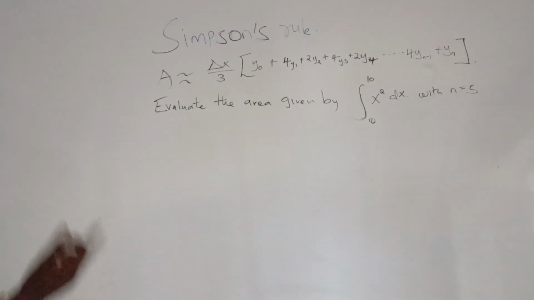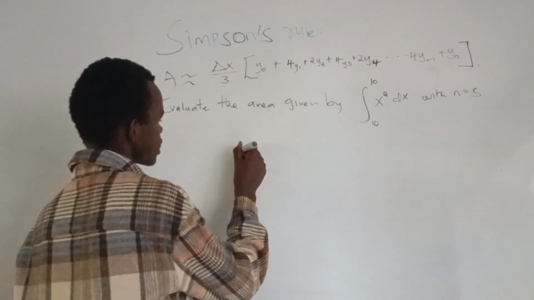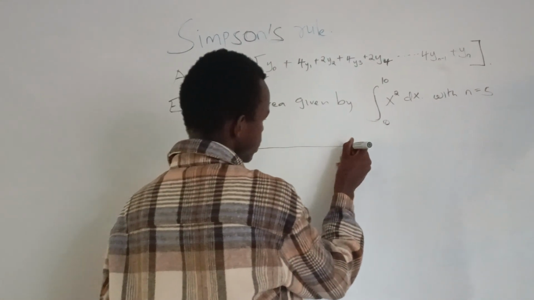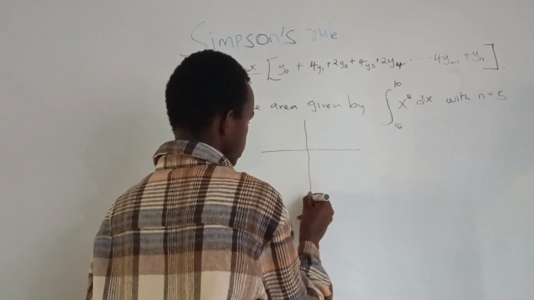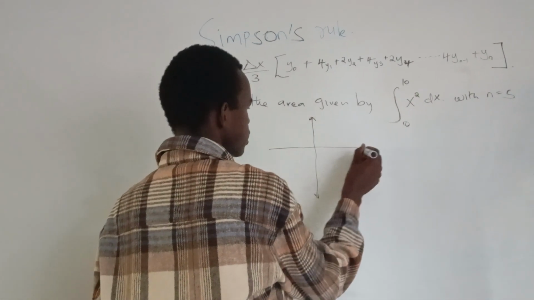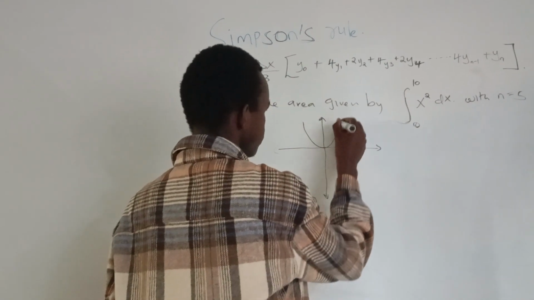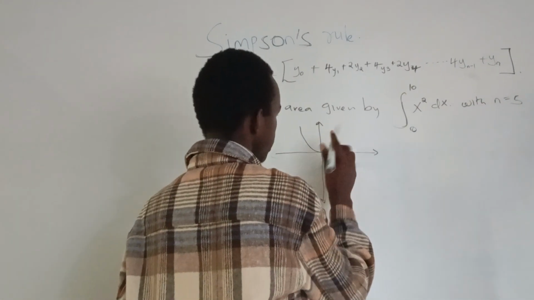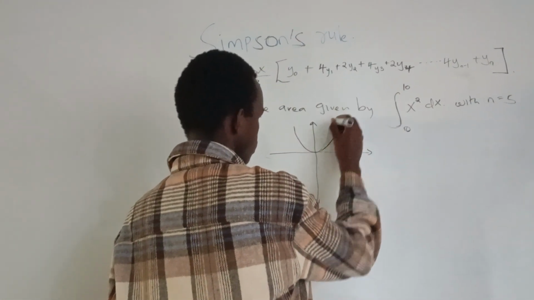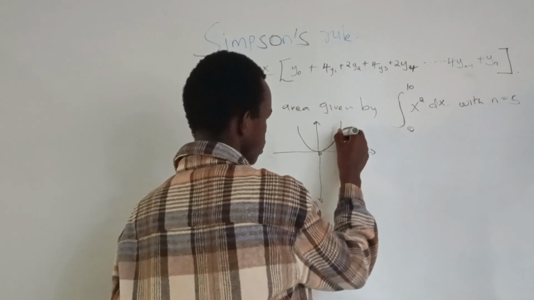So straight away try and picture the graph, the way the graph looks like. The graph will look like that, the y-axis, the x-axis. It's just a U-curve that has opened up. So it's from 0 to 10, for example.